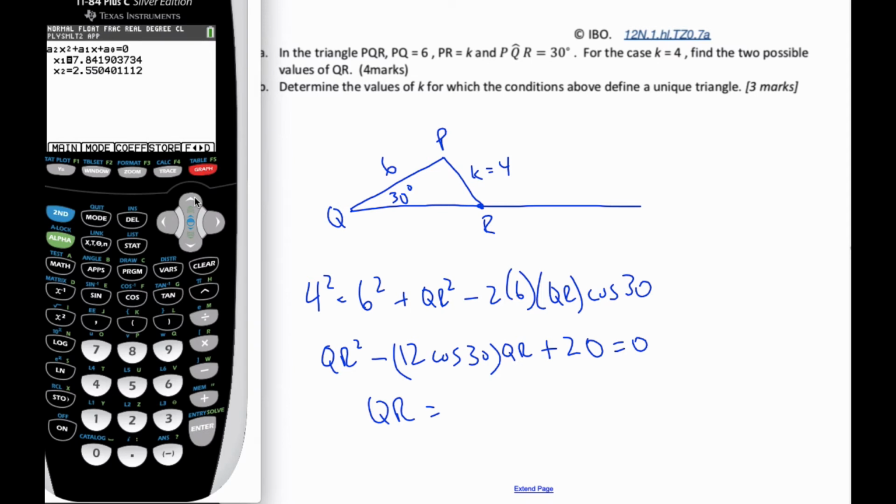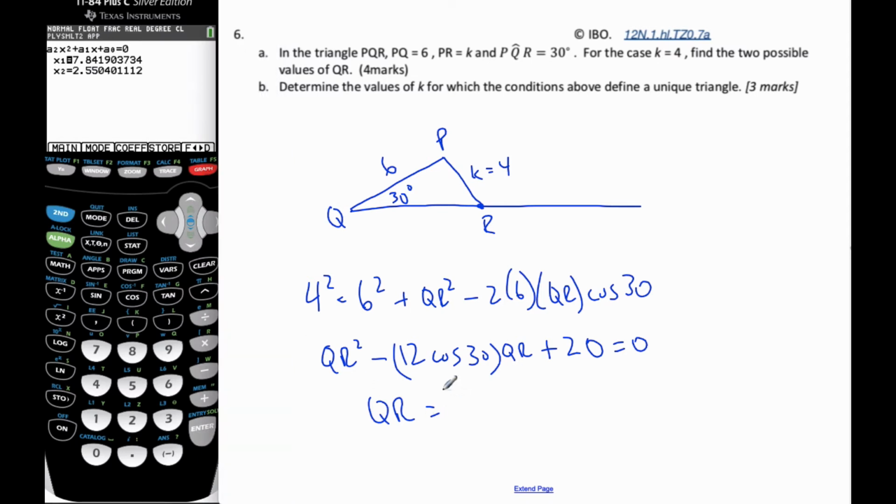And I solve that, and my two values for QR are 7.8419, and QR is equal to 2.5504. So to three significant figures, it's approximately 2.55 and approximately 7.84. Okay, so that is the A part.